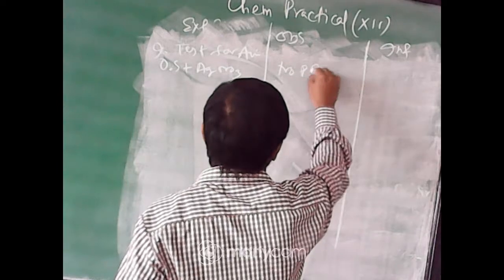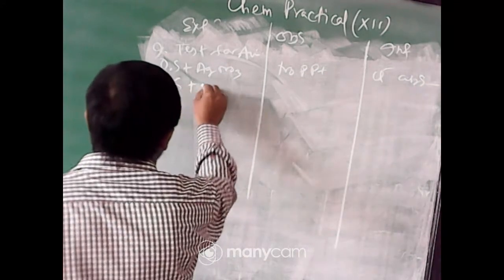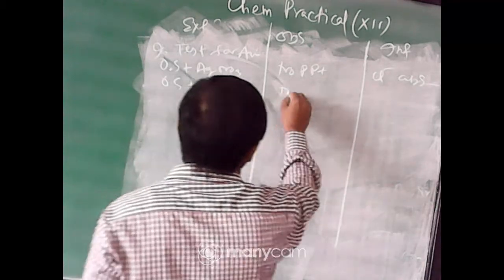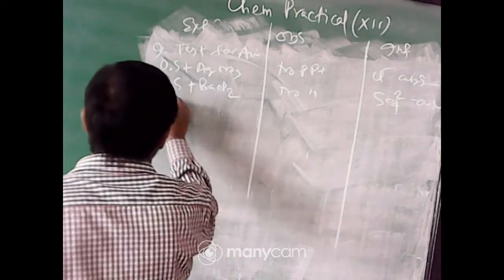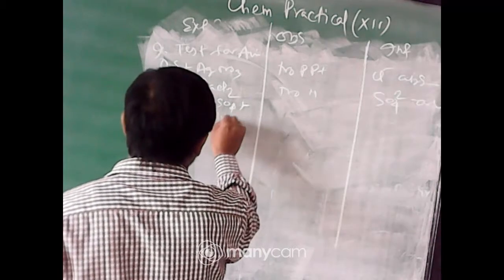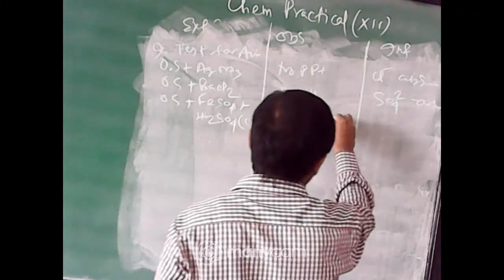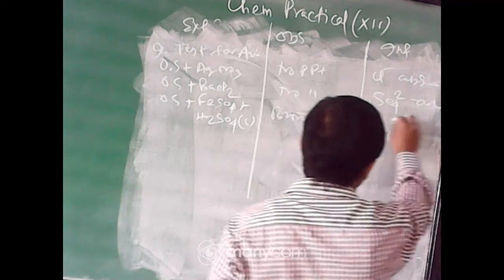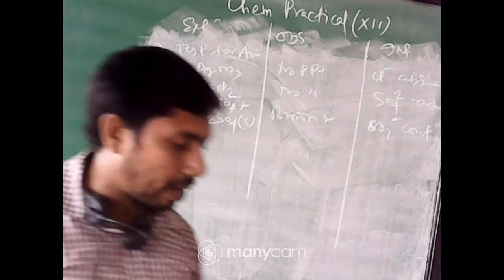No PPT, Cl minus absent. OS plus barium chloride, no PPT, SO4 2 minus absent. OS plus ferrous sulfate plus concentrated H2SO4, brown ring, NO3 minus confirmed. So we confirm NO3 minus.